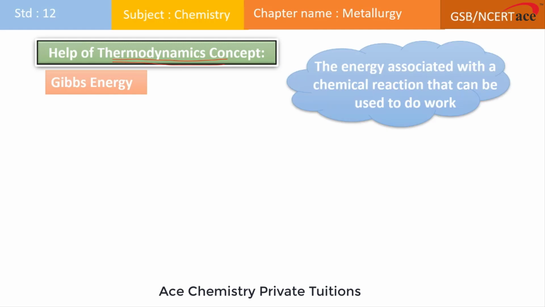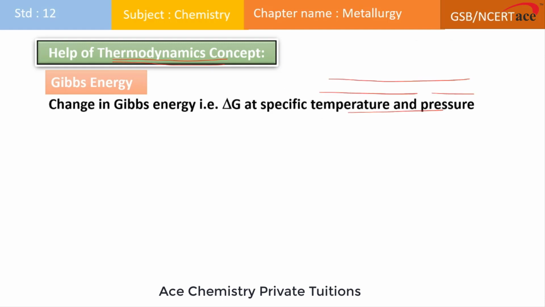So Gibbs energy in science, basically we can explain like this. It is the energy associated with a chemical reaction that can be used to do work. Generally, the change in Gibbs free energy, which is referred to as delta G, at a specific temperature and pressure, can be represented by this simple formula.